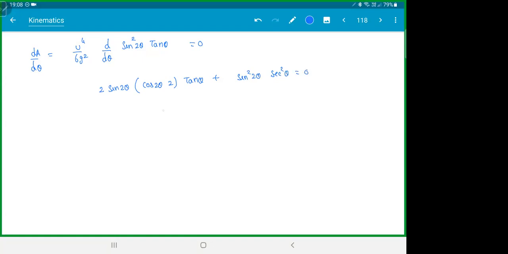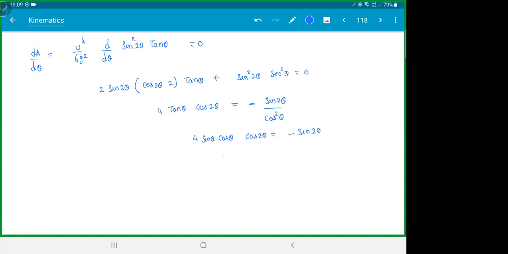Sin 2 theta goes off. This would be 4 tan theta cos 2 theta is equal to minus sin 2 theta sec square theta, that is cos square theta. Shifted this side, this would be 4 sin by cos, so 4 sin theta cos theta into cos 2 theta is minus sin 2 theta.